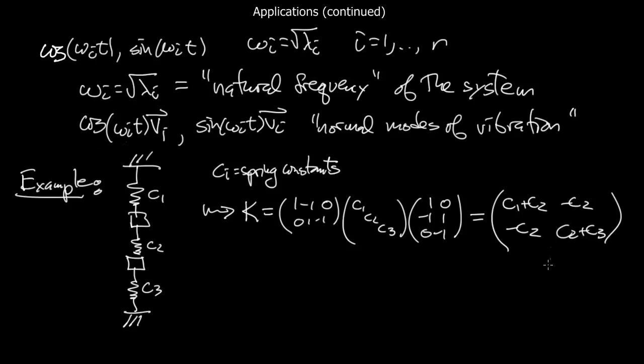So I'm going to consider this equation u double prime plus Ku equals 0, where I'm using this K from over here. And I'm going to interpret it in terms of this picture of these blocks attached by springs.